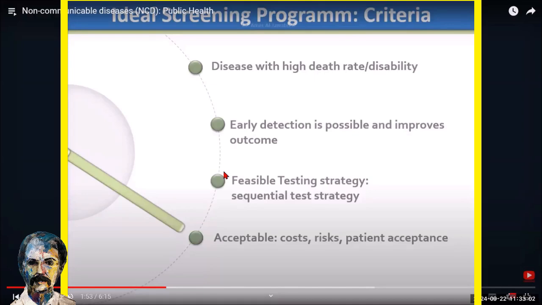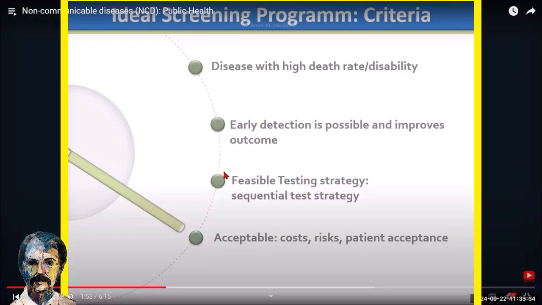Okay, acceptable. What do I mean by acceptable? It should be accessible, meaning we have it in our system. Affordable, meaning we can buy it, or it's available through the Ministry of Health. The risk should be minimal. Patients should accept it, because sometimes, not all the time, screening is invasive, but usually screens are not invasive.